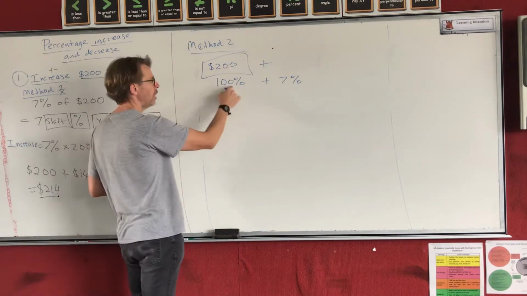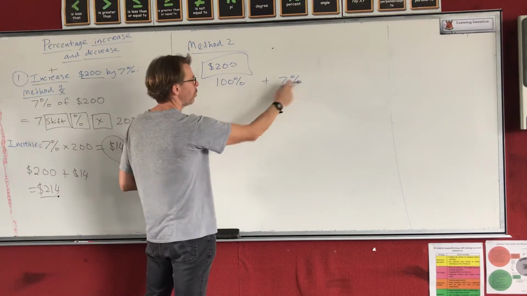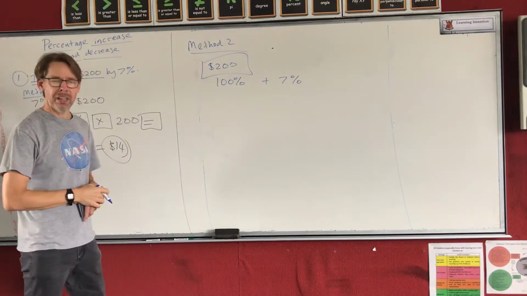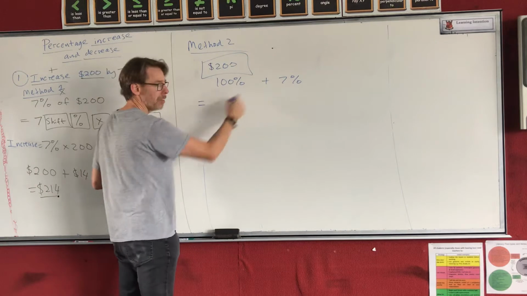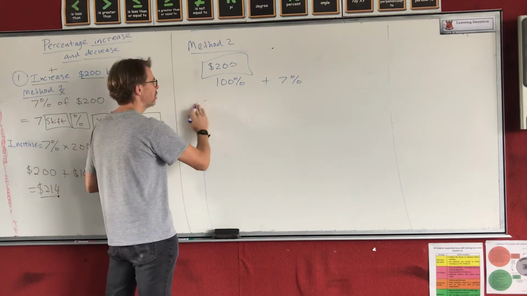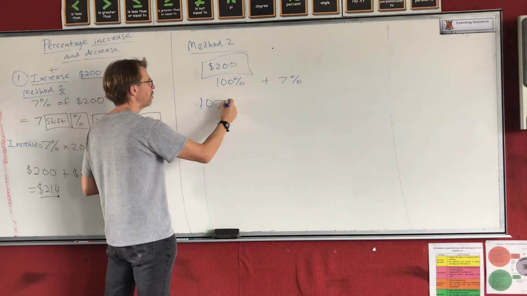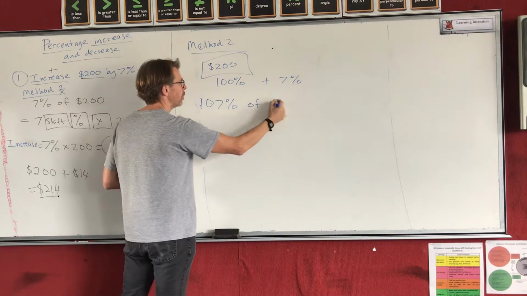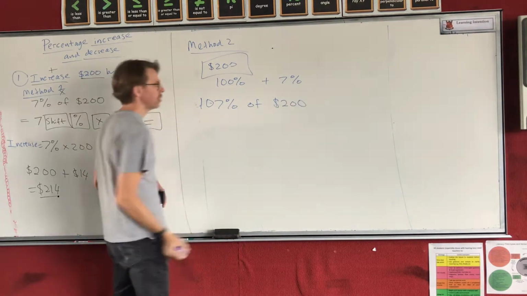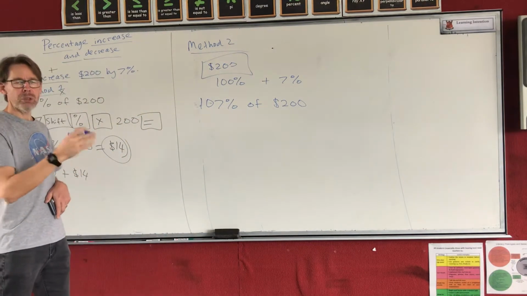So the original is 100 and we're adding 7%, which means 100 plus 7 is 107%. So I can find 107% of $200, and this will do it all in one step.